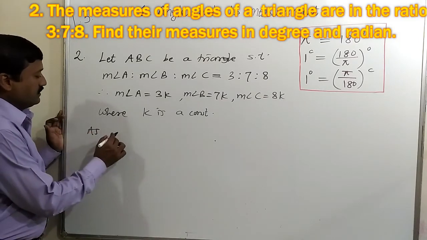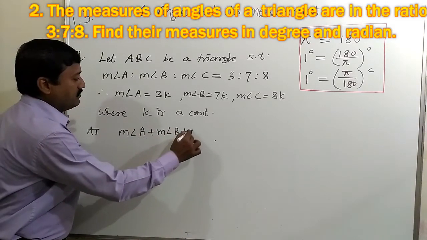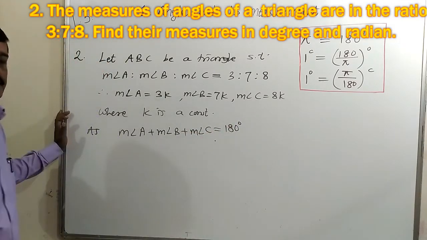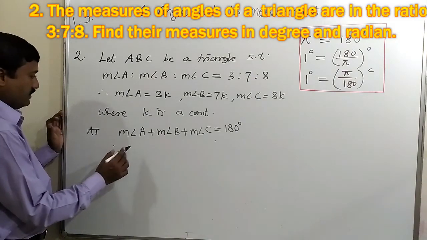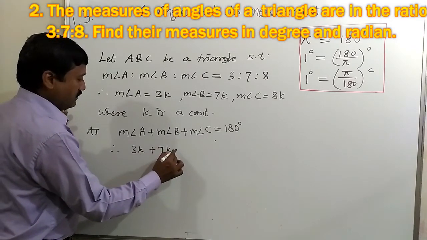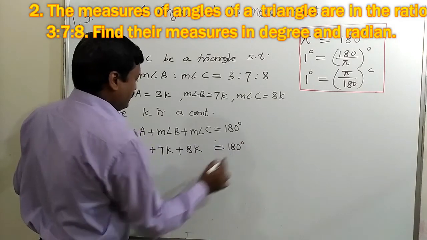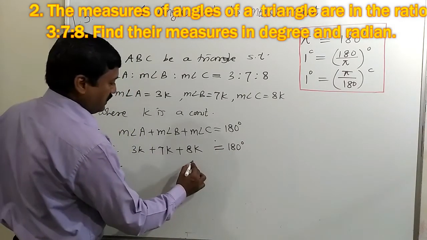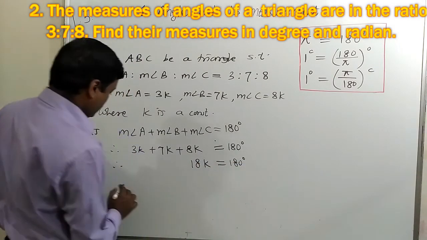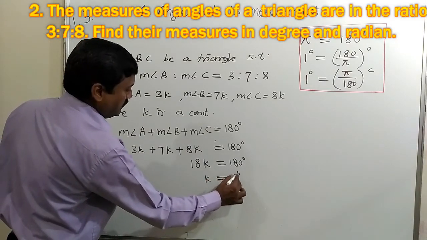As the measure of angle A plus angle B plus angle C is equal to 180 degrees, let us put the values: 3k plus 7k plus 8k is equal to 180 degree. Therefore, we get 18k equal to 180 degree. So once again we get k equal to 10 degrees.